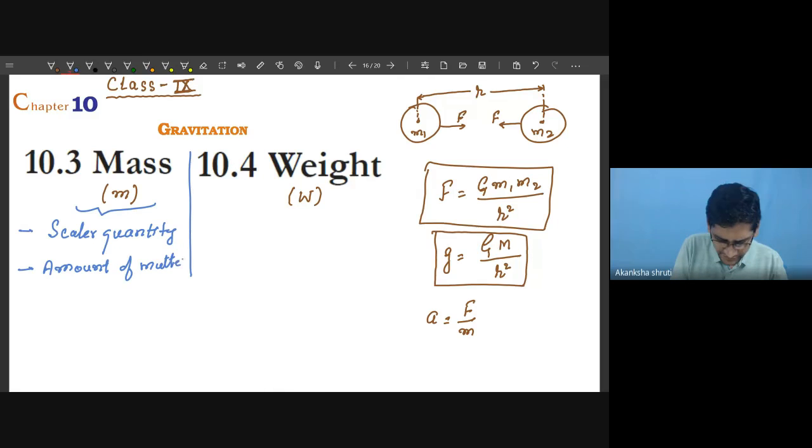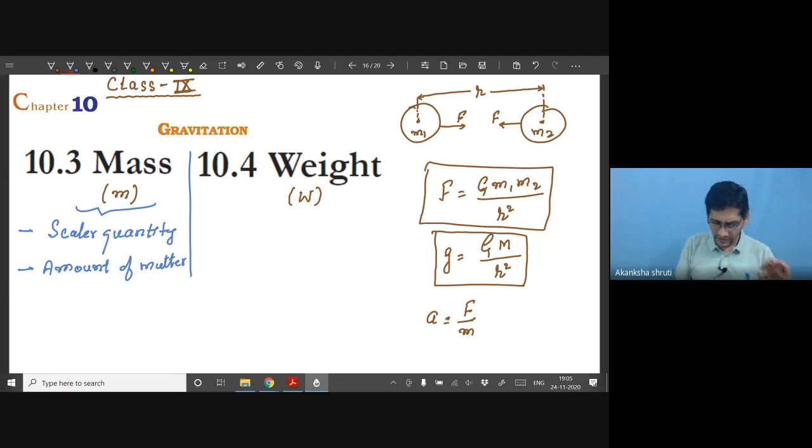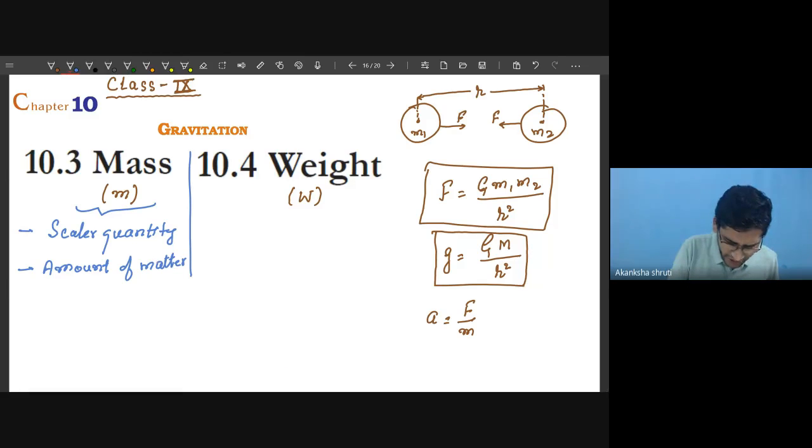So it is finally written as amount of matter present or contained in a body.